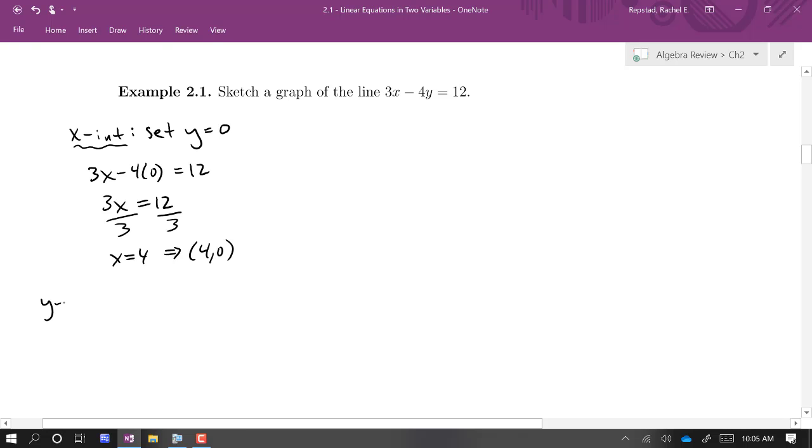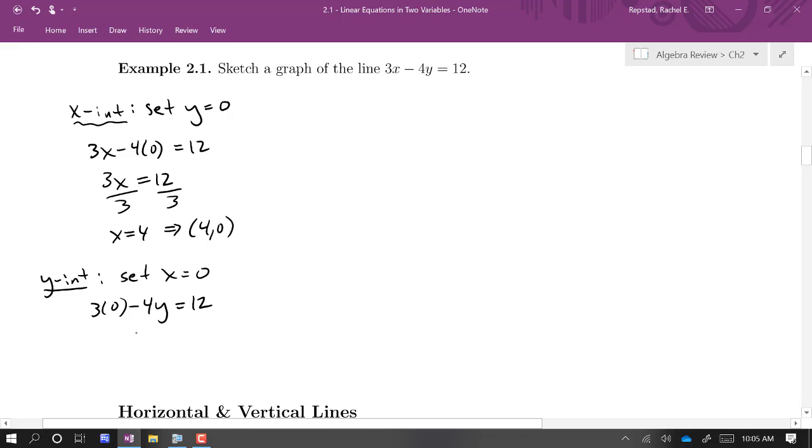And to find the y-intercept, we let x equal 0. So we get 3 times 0 minus 4 times y equals 12. 3 times 0 is, of course, 0, so this boils down to negative 4y equals 12. We could divide both sides by negative 4 and get negative 3. So that means (0, negative 3) is the y-intercept.